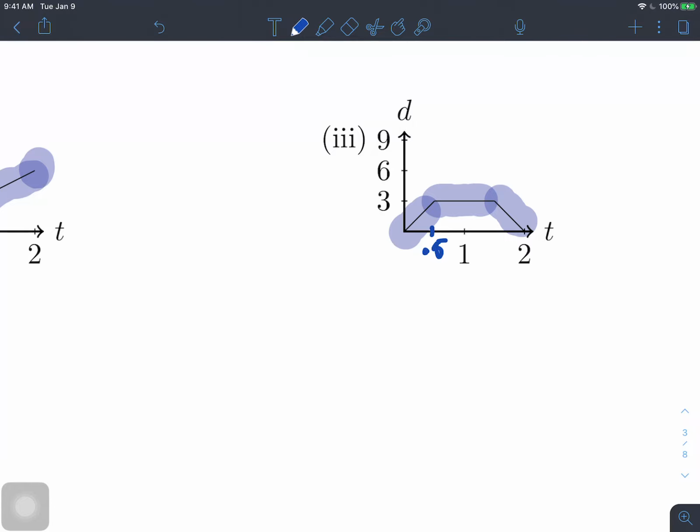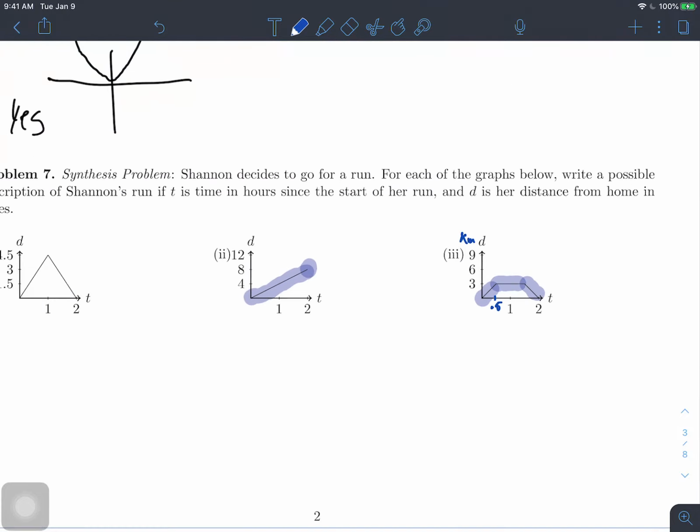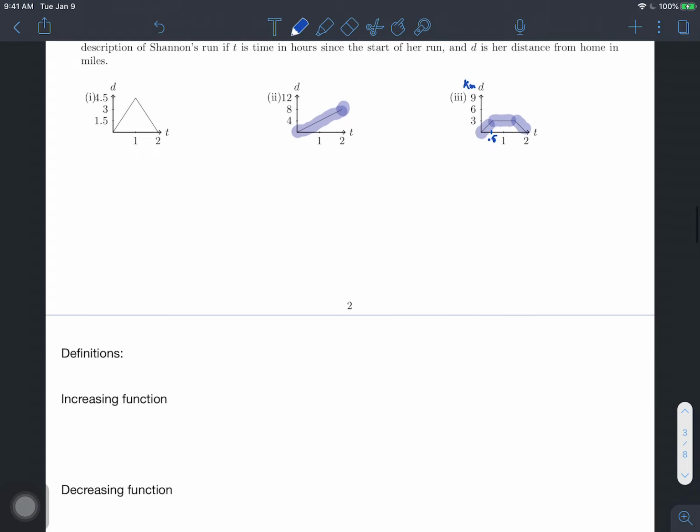Maybe 3 kilometers? Could you walk 3 kilometers in half an hour? Maybe if you walk fast. So we could say this is kilometers. So after half an hour, she's 3 kilometers from her house. All right, thank you, Maxine.